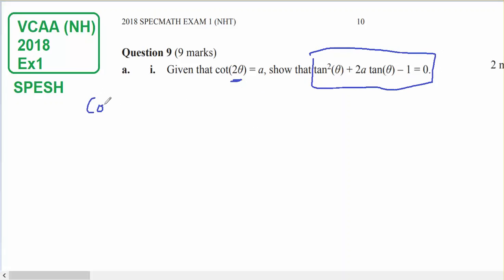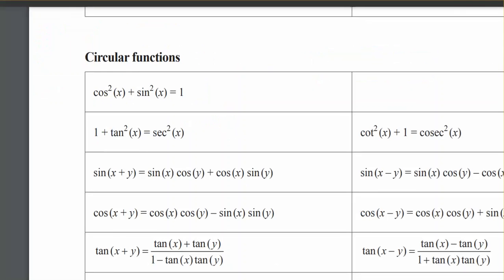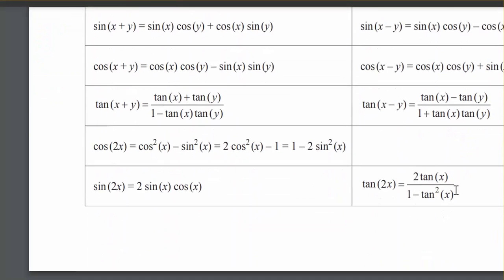So the cot of 2 theta is equal to 1 on the tan of 2 theta. And looking at my formula sheet, the double angle formula for tan is this.